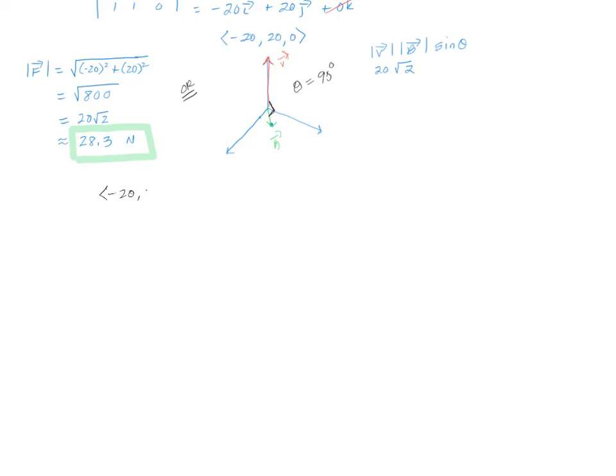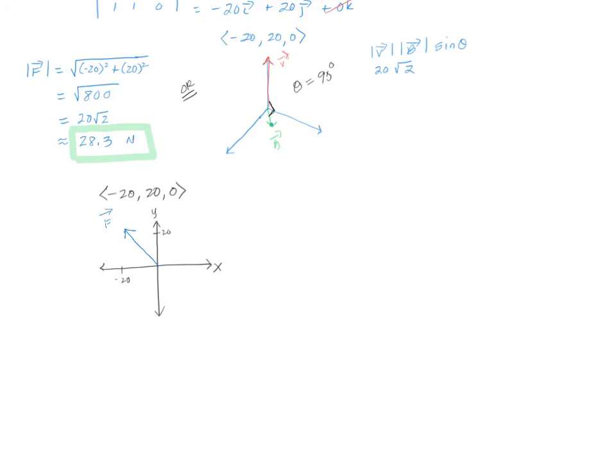Since the z component is 0, I'm just going to sketch this vector in the xy plane. So if I go negative 20 on the x and a positive 20 on the y, I get my vector. I'm going to use a different color here. This would be my force vector.